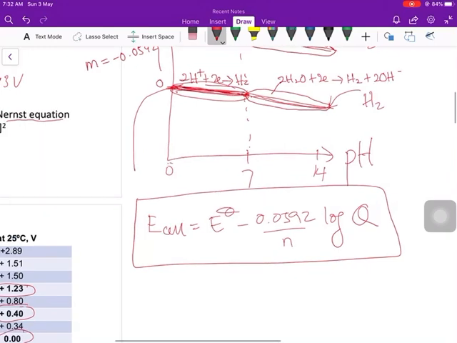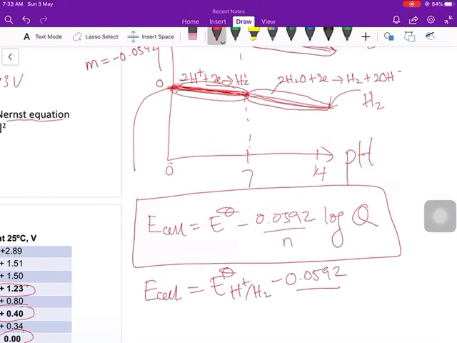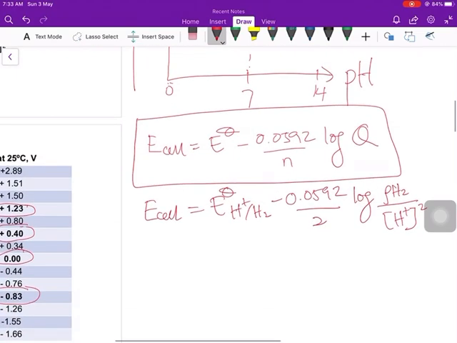For example, if you want to plot this slope, E cell is E standard for hydrogen ion to hydrogen gas, minus 0.0592 over 2, times log of the pressure of hydrogen, the product, over the hydrogen ion to the power of 2.